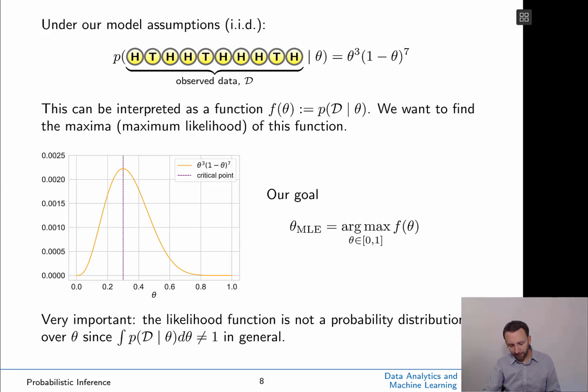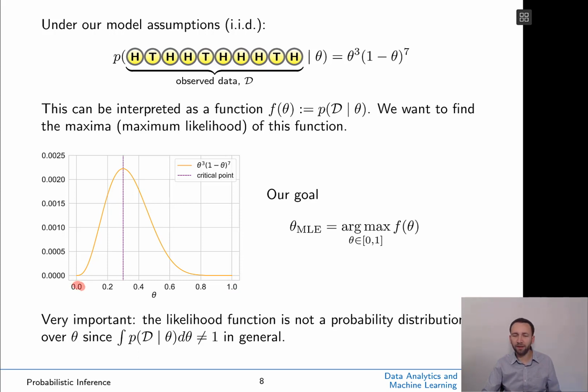If we pick theta equal to 1, which means a coin which always shows tail, then this sequence has a likelihood of 0, because it also shows head. This sequence will never occur with a coin which always shows tail. So the likelihood is 0.